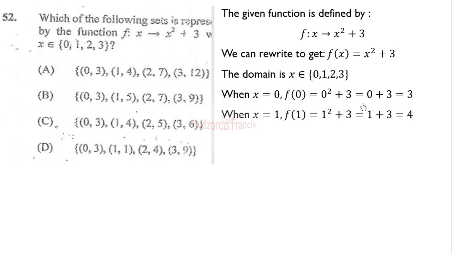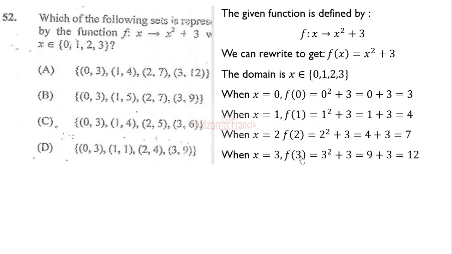So when x equals 0, we get 0 squared plus 3, which is equal to 3. We substitute x equal 1, we get f of 1 equal 1 squared plus 3, which is 1 plus 3, and that will give us 4. Then we substitute x equal 2, we get 2 squared, which is 4, plus 3, which is 7. And when we substitute x equal 3, we get 3 squared, which is 9, plus 3, which is 12.